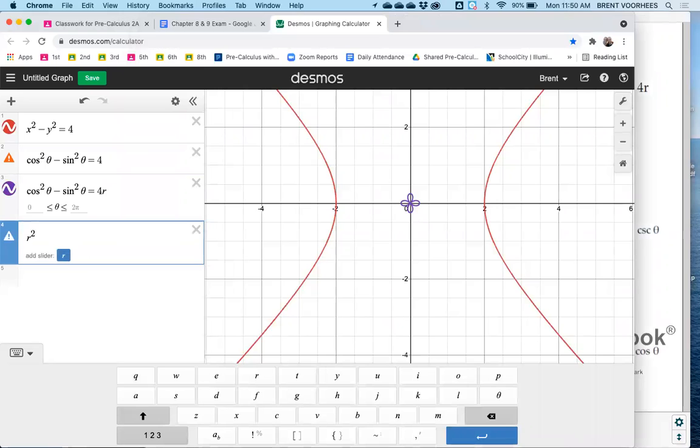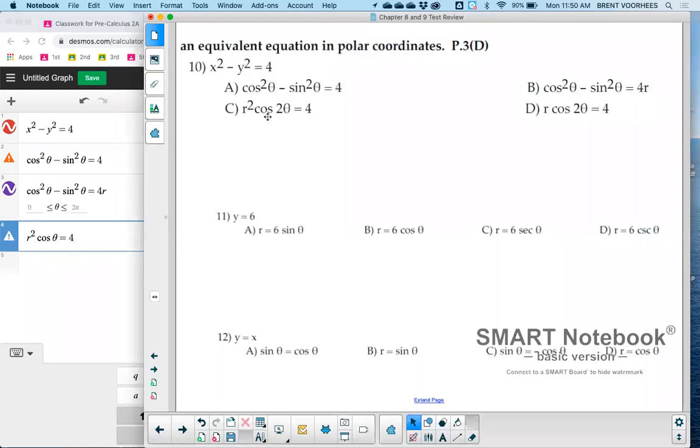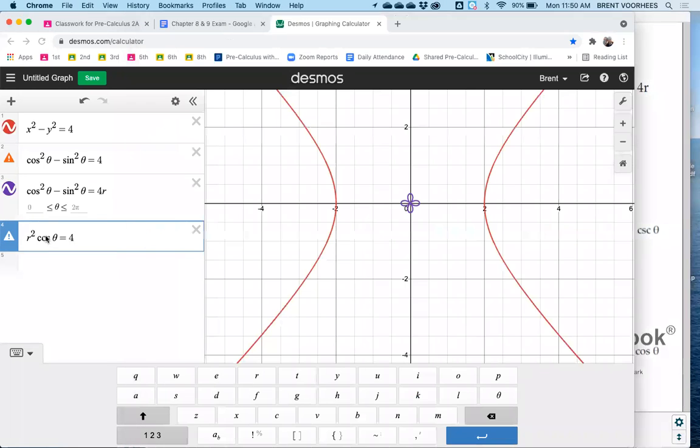r squared cosine theta equals 4. Now this one's not graphing because, as I was saying, you can't have a power on the r. So this one, you just have to know your algebra rules. I have r squared times cosine theta equals 4. What I need to do is take the square root, but I would have to divide out the cosine first.